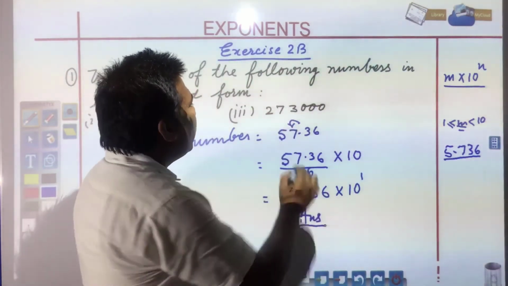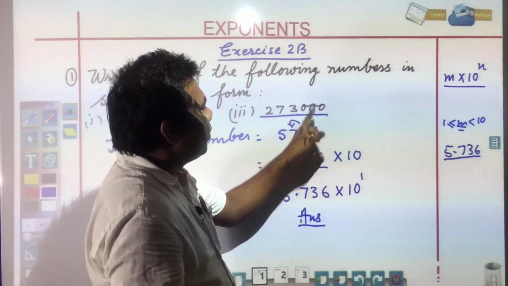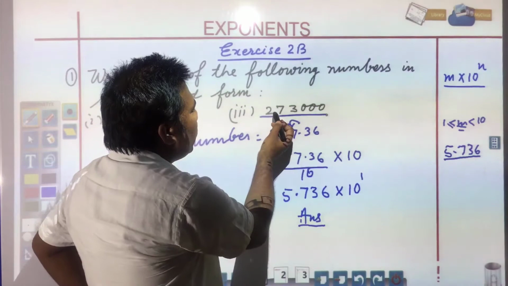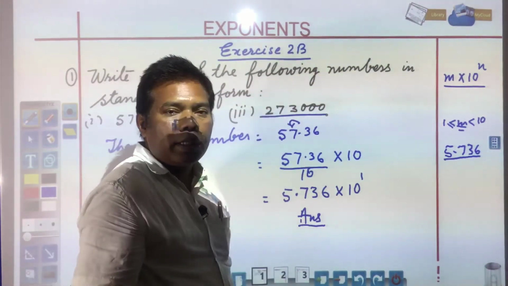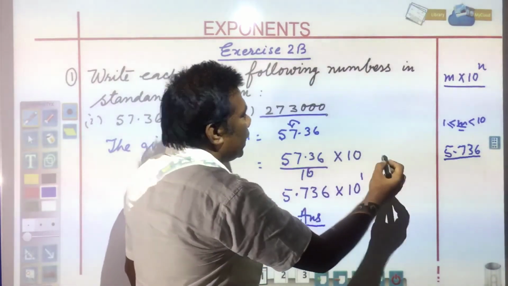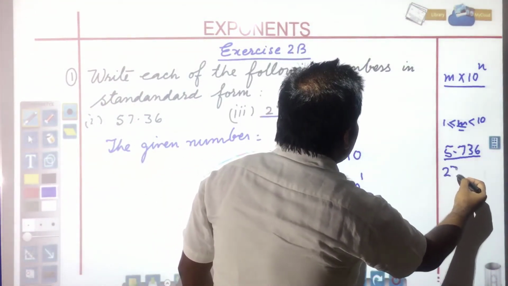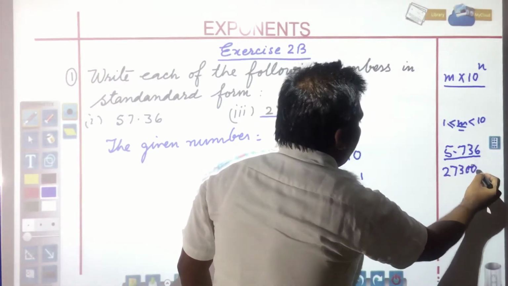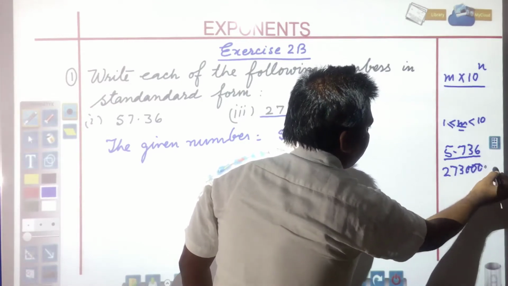In the same way, see this number: 273,000 you have. What you need to do here is put the decimal just after 2. If nothing is there, it means after the last digit you have a decimal and then 0.